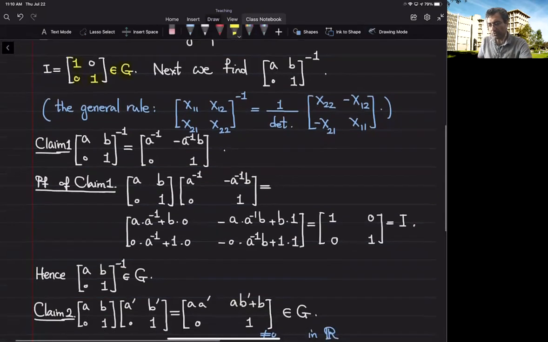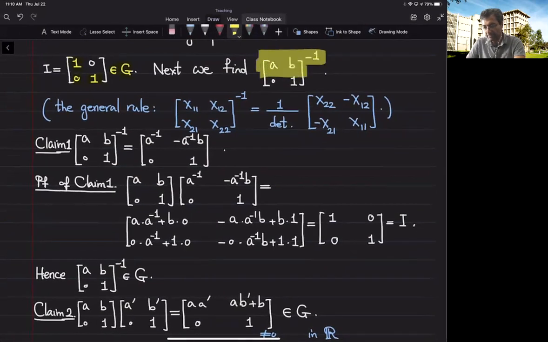Next, I'm going to argue that the inverse of every element of G is still inside G. Now, that means I need to find the inverse of an element of the group G. There is this general rule that the inverse of a 2 by 2 matrix given by the entries x11, x12, x21, x22 can be computed like this.